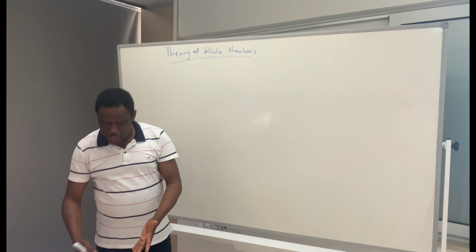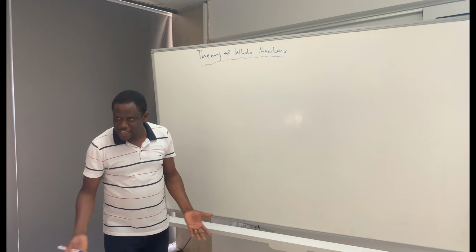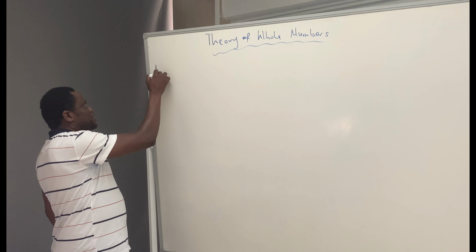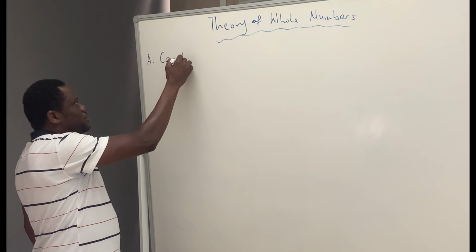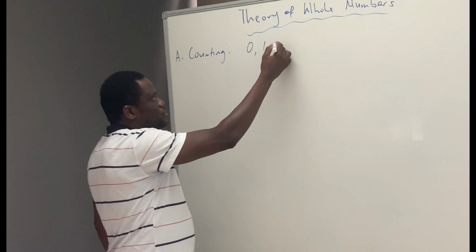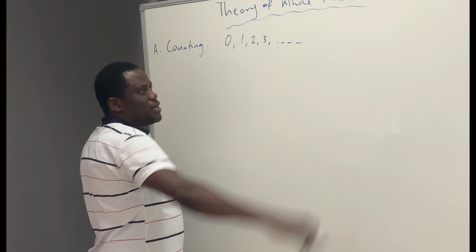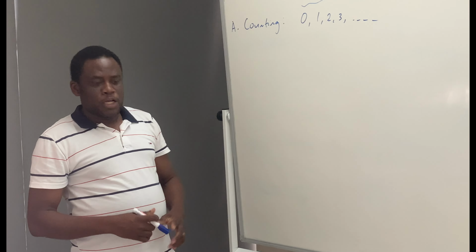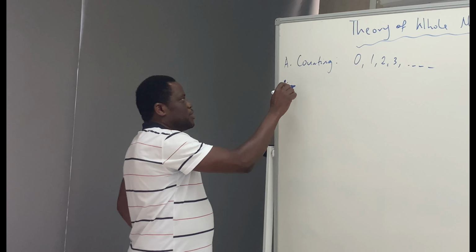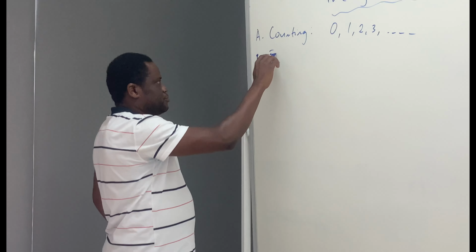Counting is just the normal counting, right? 0, 1, 2, 3, 4, like that. So we have counting, and you see counting means start from 0, 1, 2, 3, and then you can continue. Easy, right? So the second theory is even numbers.